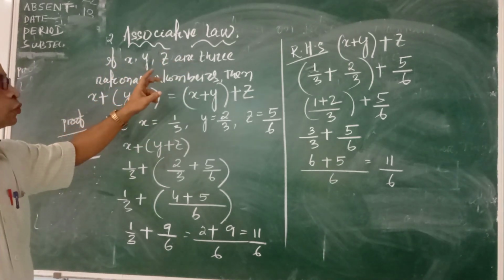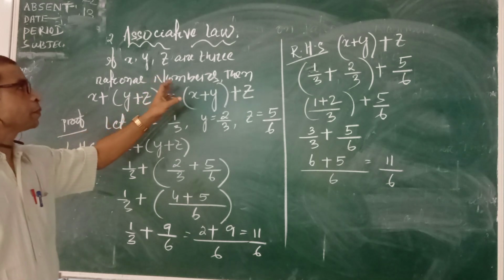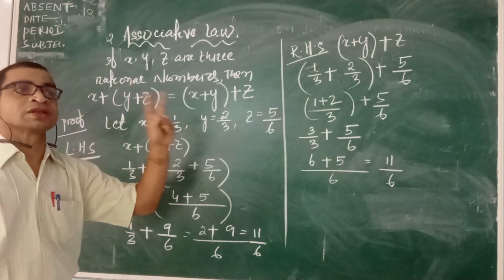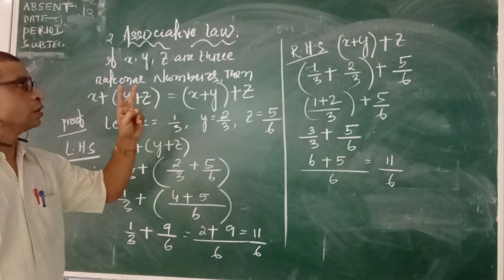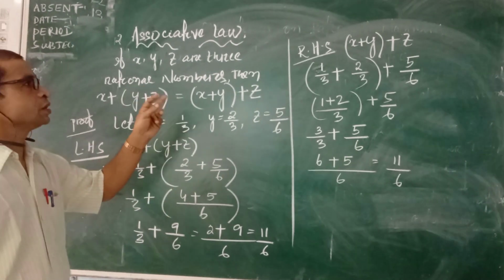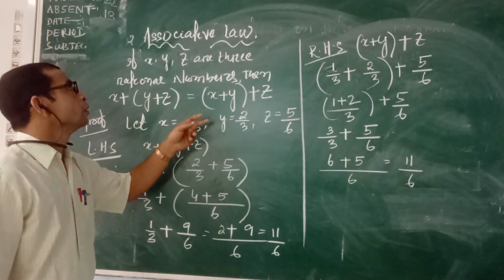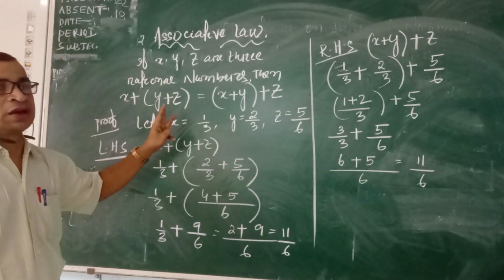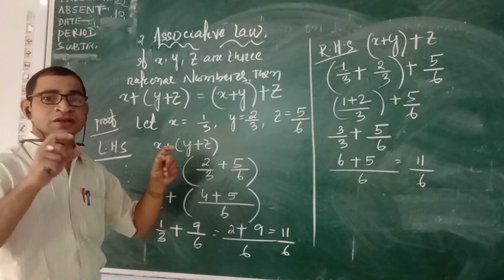If you compare the commutative property and the associative property, the commutative property always involves two rational numbers, but the associative property always needs three rational numbers.